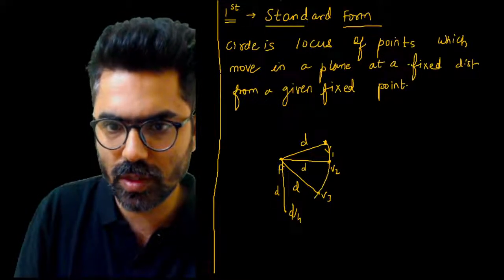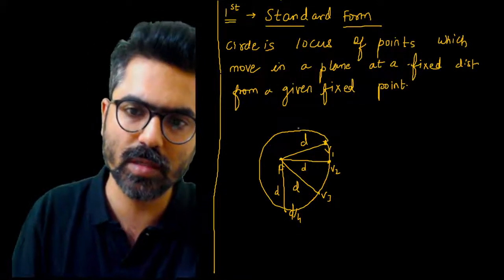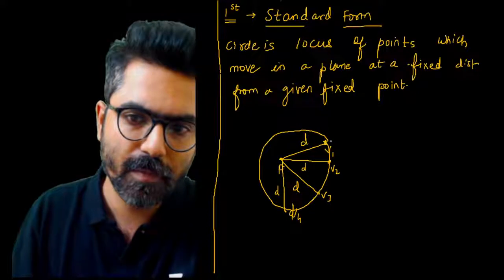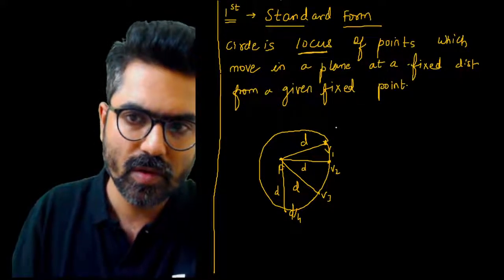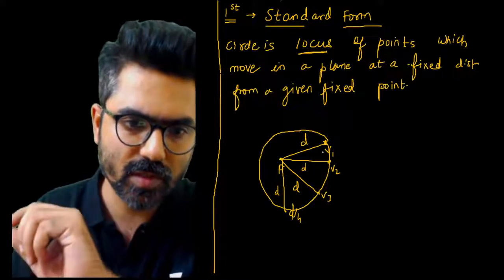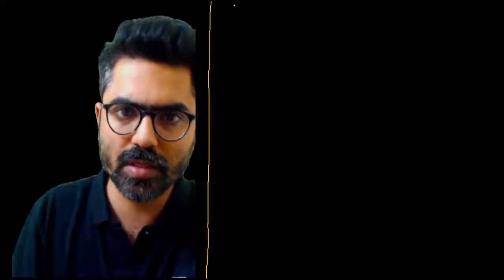If you join all these points now, you will get a circle. The circle is nothing but the locus of the points which move at a fixed distance from the fixed point. So we'll use this condition to find the equation of circle in the standard form.